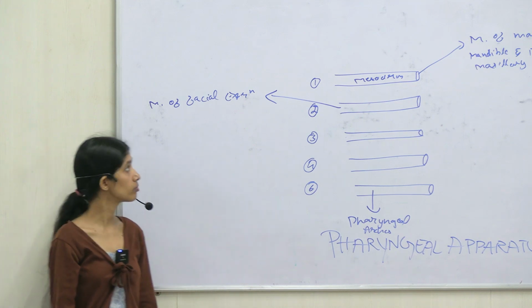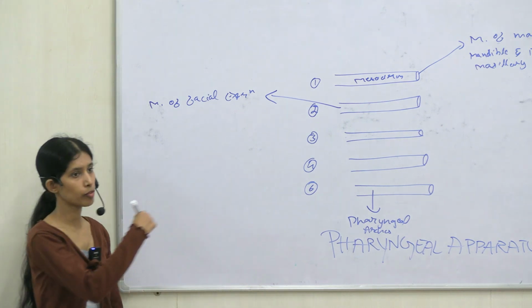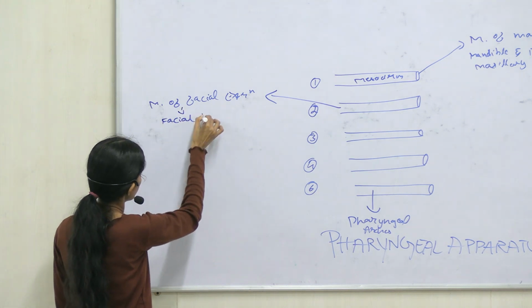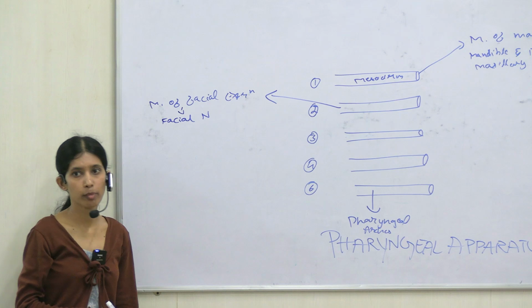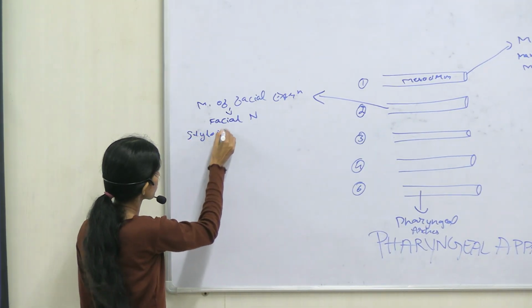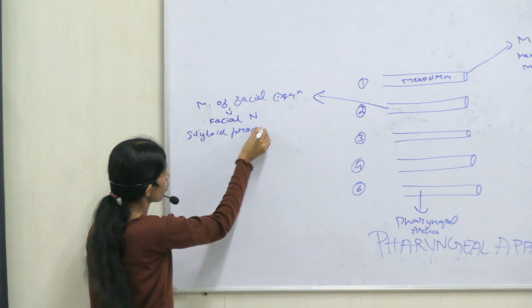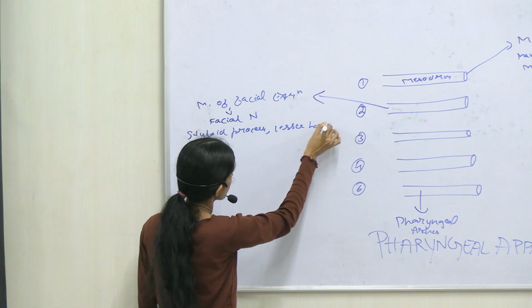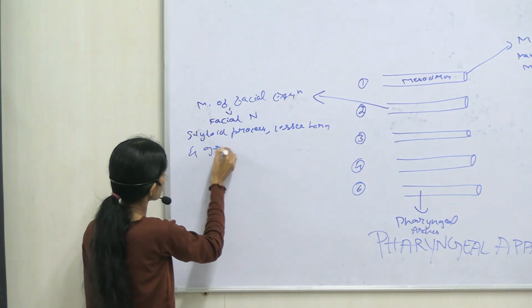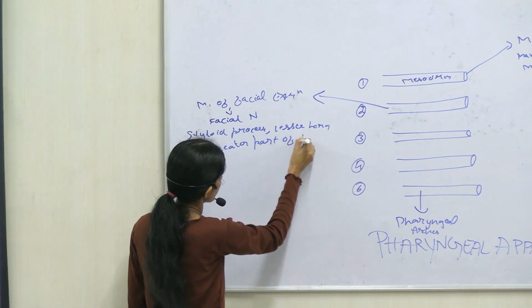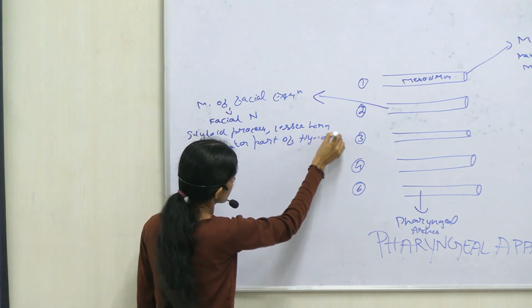Okay. So your muscles of facial expression are supplied by the facial nerve. What about the bony part? It is the styloid process along with the lesser horn and greater part of your hyoid bone.